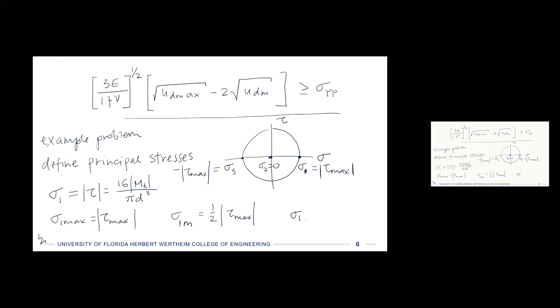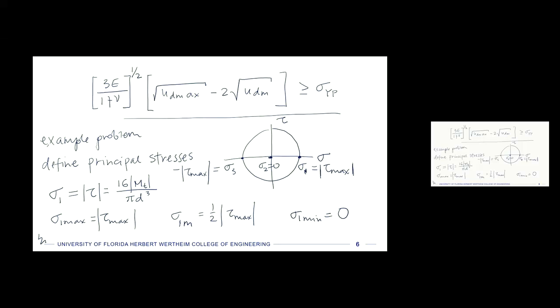And sigma 1 min is 0 because it's a fully releasing stress, okay? So these are the three values that we needed to plug in to get our strain energies, maximum, mean, and minimum. So that's just for sigma 1.